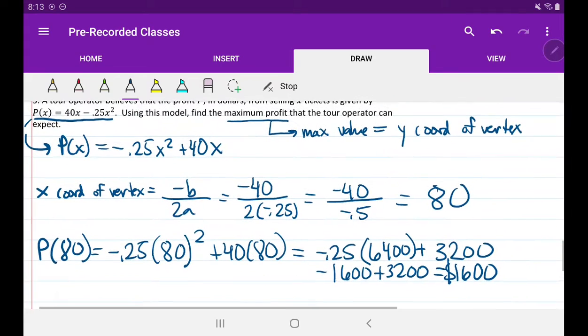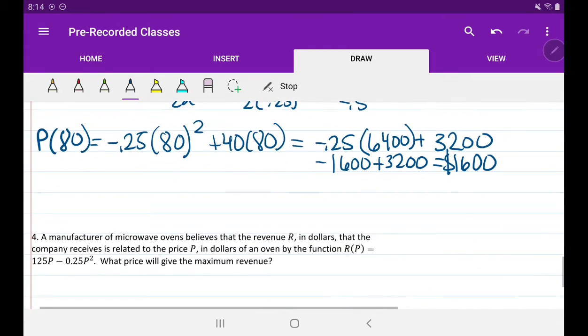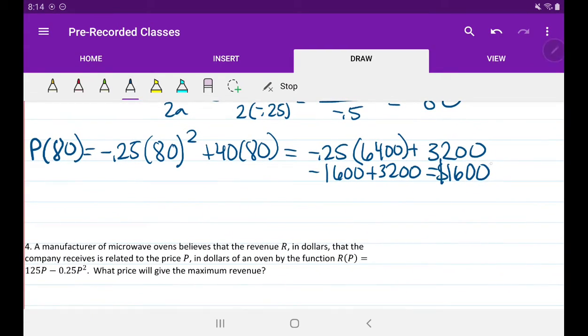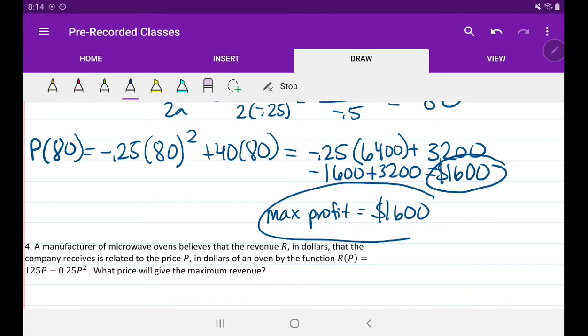And so we wanted to find the max profit. Well, that's the y-coordinate of our vertex, which is going to be 1,600, okay? So your max profit is $1,600, right? And that's the answer to the problem.